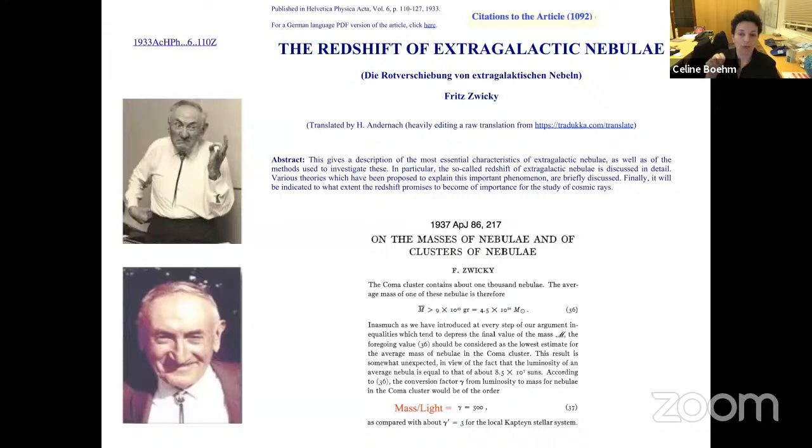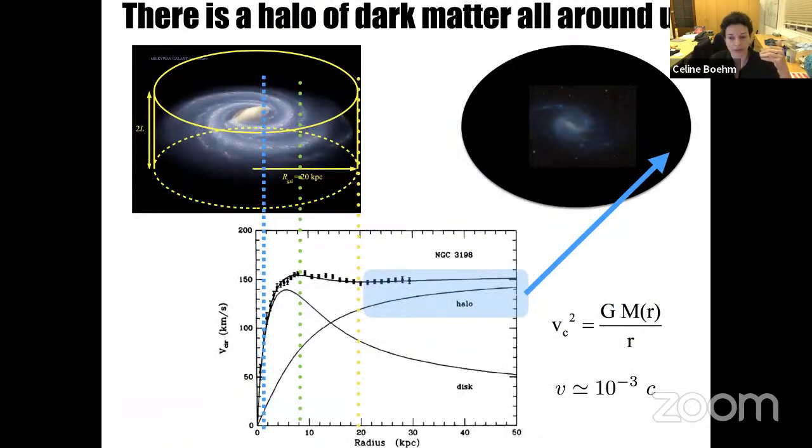It doesn't have to be equal to 1, but in principle, if you had nothing else than the baryons, they emit light. So wherever you have baryons, you should see the light.